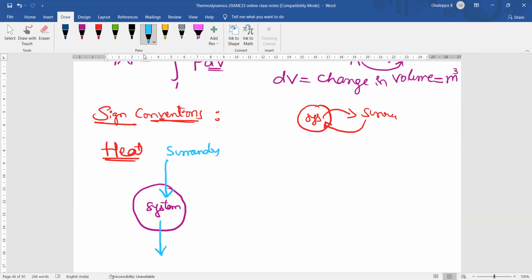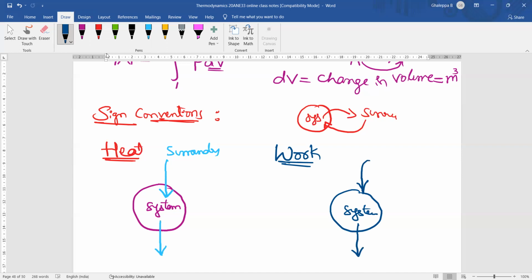I will write both. Here it is the sign conventions of work. Again, you take the system: work done on the system, work done by the system. So we have to write four sign conventions here. Heat supplied to the system, that is one. Heat rejected by the system, second one. And on the right hand side, work done on the system and work done by the system.